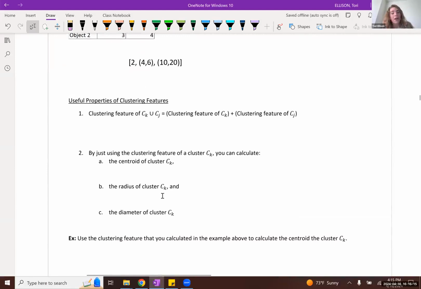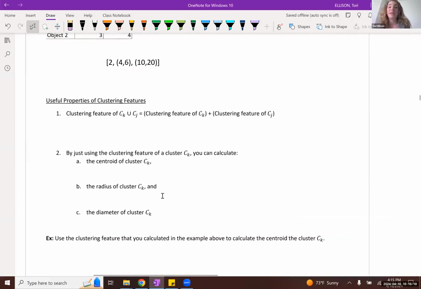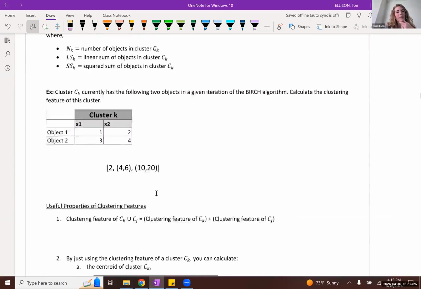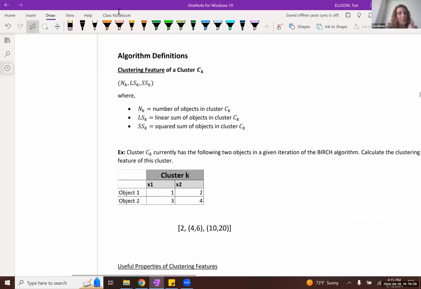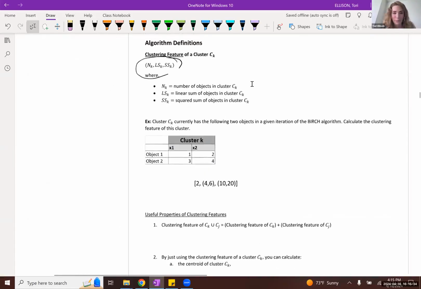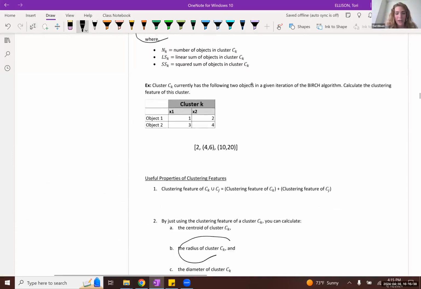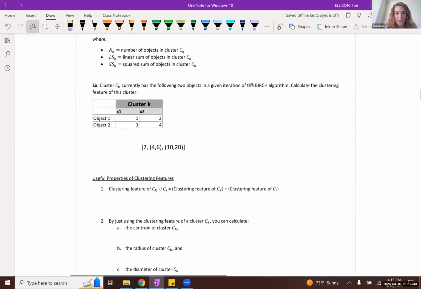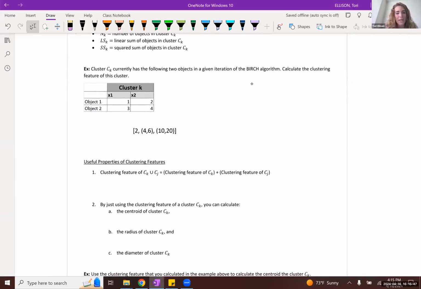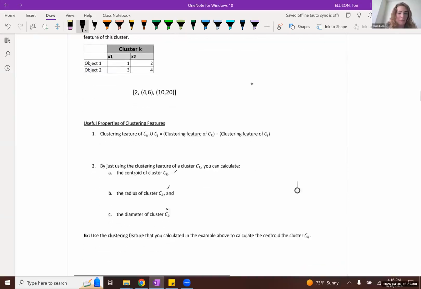And then in addition, as we're running the Birch clustering algorithm, or in other words, as we're building this CF tree, while we are not technically storing directly the centroid of a particular cluster, or the radius or the diameter of a particular cluster, the nice thing about the clustering feature of a given subcluster is that there are equations that allow us to simply use those three pieces of the CF to quickly calculate what each of these three important aspects might be.